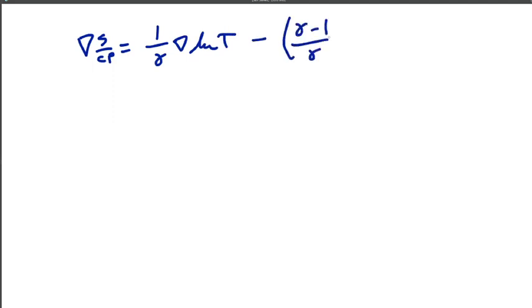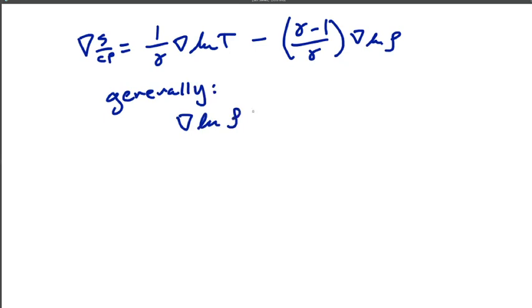Okay, so how do we use entropy to get some intuition for different situations? The entropy gradient grad S over Cp, right, this was 1 over gamma grad log T minus gamma minus 1 over gamma grad log rho. And generally, not always, but generally, the density is a decreasing function of height. Grad log rho is less than 0.